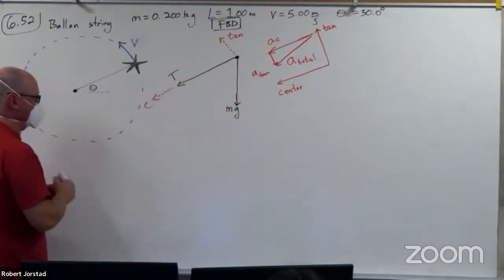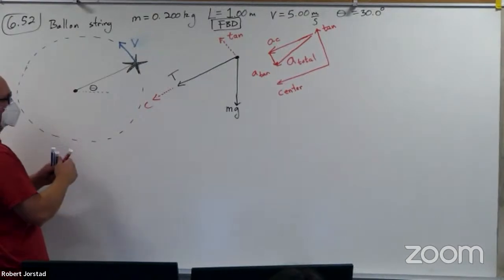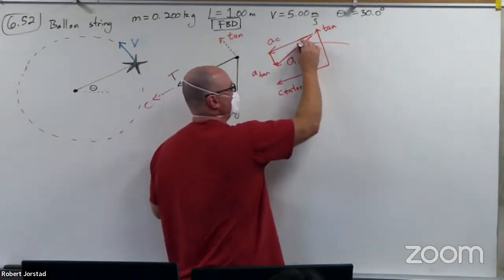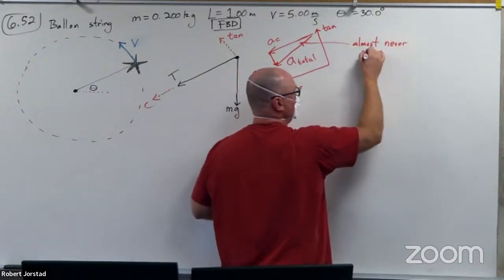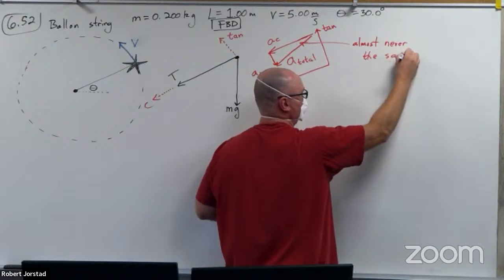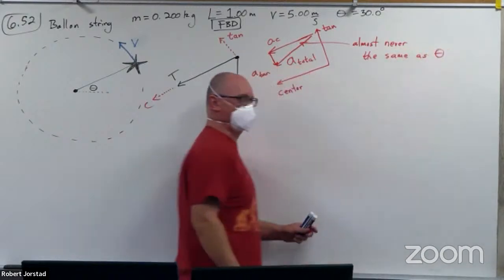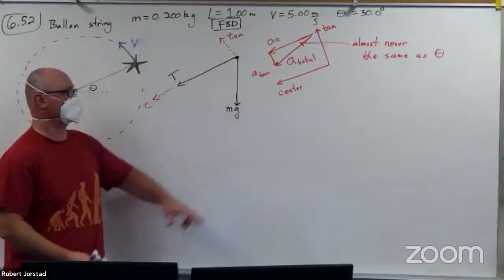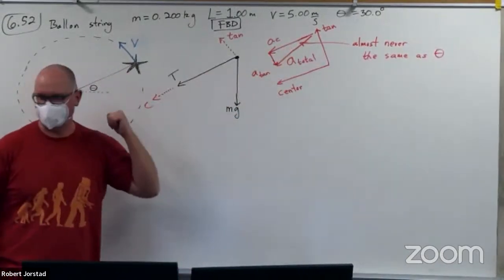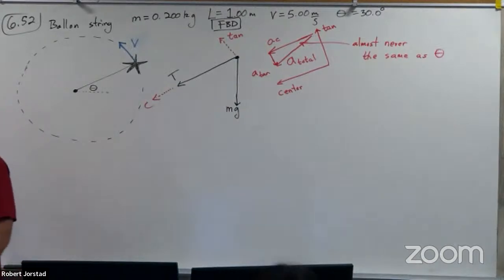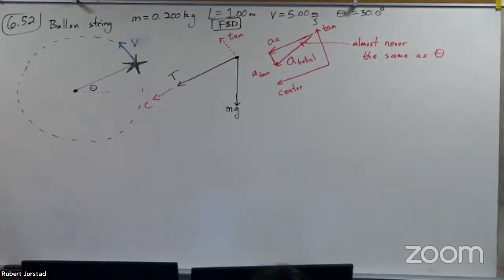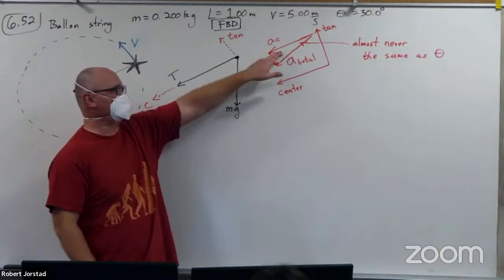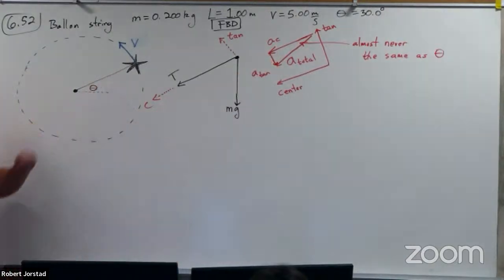So one of the most common mistakes students make when analyzing this is that this is almost never the same as theta. You would have to have an extremely unusual problem for this angle to equal theta. Maybe once or twice per circle it should equal it for one instant, and that's it. In general, don't assume this angle is the same as that angle. Is that enough on that?